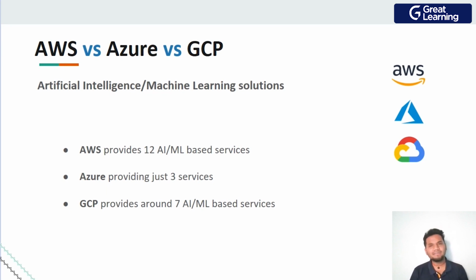Azure provides somewhere around 3 services, but then Azure ML is actually very well established, very popular amongst a lot of people. And then GCP in fact has beaten Azure to this particular service in this domain, and there's a good chance they might overtake AWS as well because they are getting very close to AWS with 7 services now. AWS provides 12, GCP provides 7, Azure provides 3.